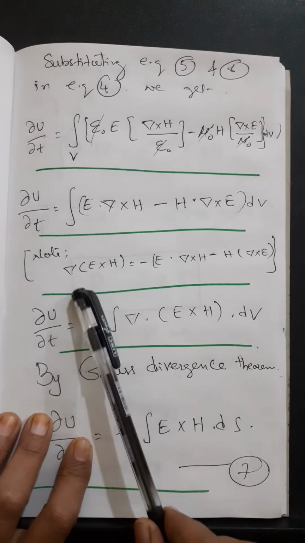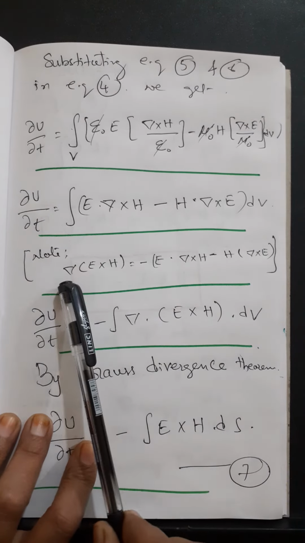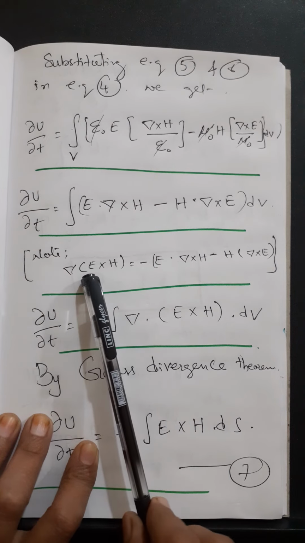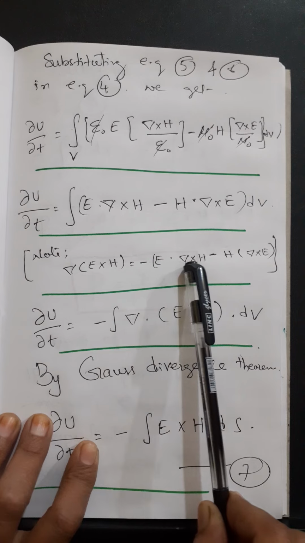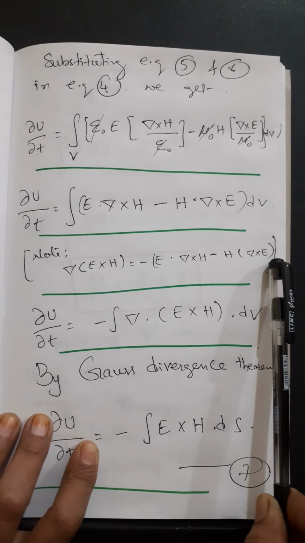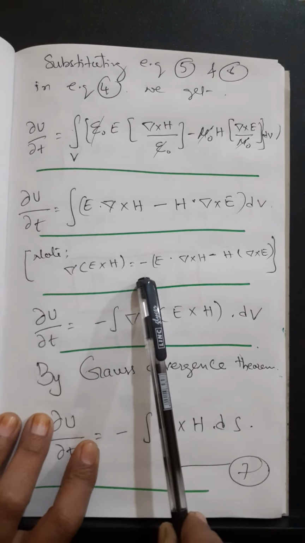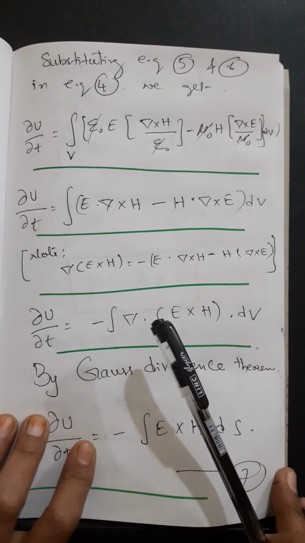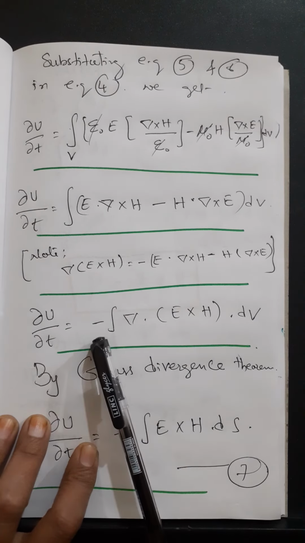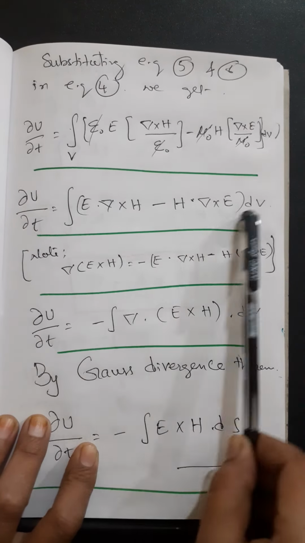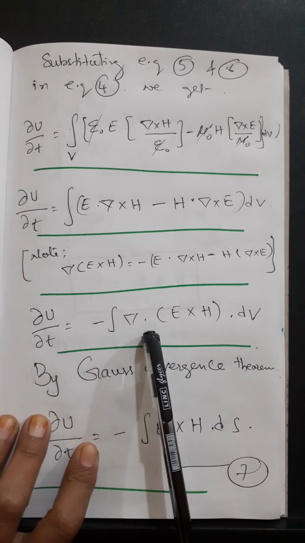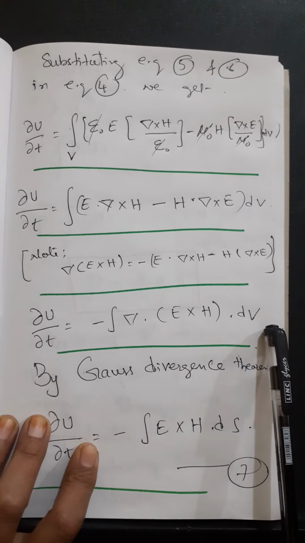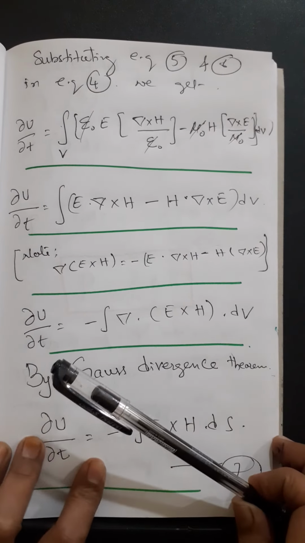Mathematically, we know that del dot (E cross H) can be written as H · (del cross E) minus E · (del cross H). So ∂U/∂t can be written in this form, converted to minus of the integral of del dot (E cross H) dV.